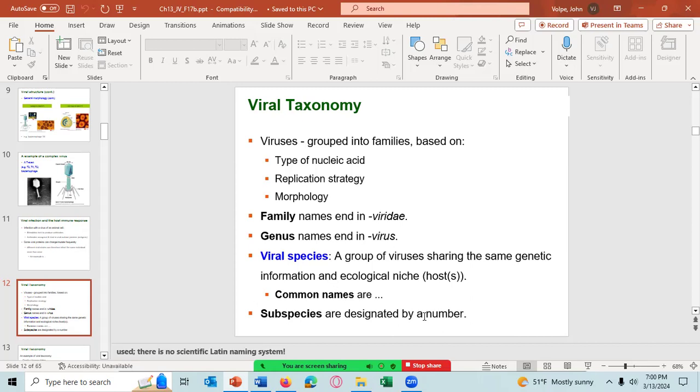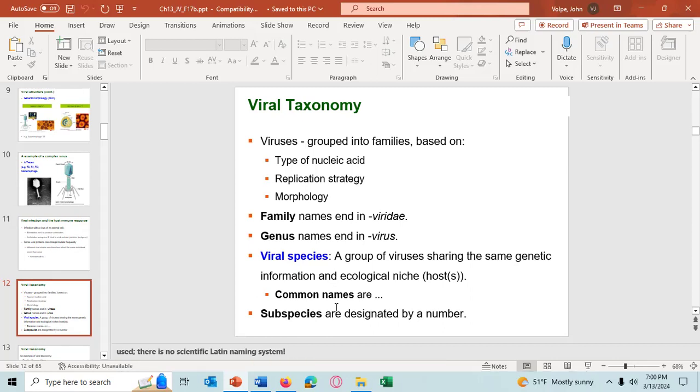Obviously, herpes simplex type 1 and herpes simplex type 2 is the same viral species, just a different subspecies, and it causes generally different diseases. And then a better example is with the polio virus. Polio virus type 1 causes the disease polio.